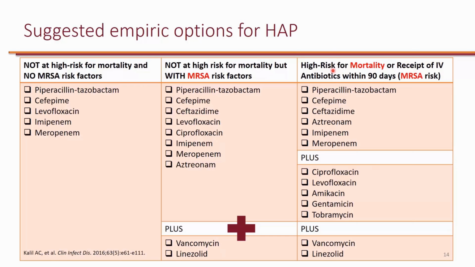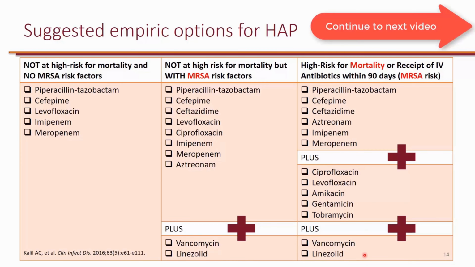And of course, if someone is at high risk for mortality, then that patient should receive two agents for pseudomonas plus one agent for MRSA. So one of the beta-lactams plus one of the non-beta-lactams active against pseudomonas plus an agent for MRSA.